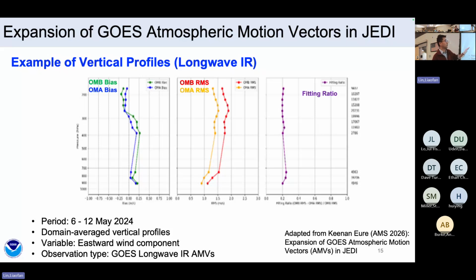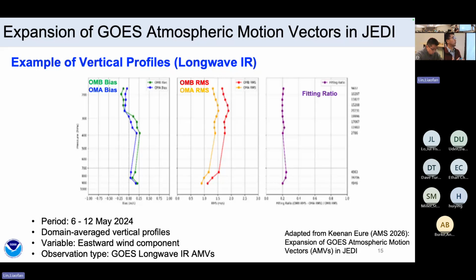For the figures from left to right, it first shows the observation minus the background in green, and after DA, the observation minus the analysis. The bias is shown, and the middle is the root mean square error. The last one is the fitting ratio, which is basically to understand whether the DA system works.